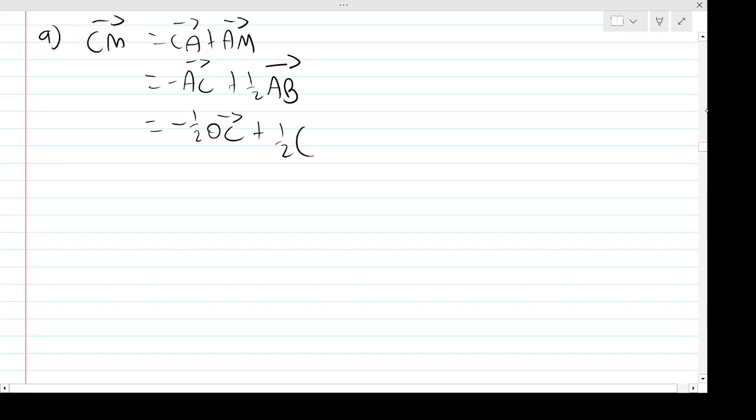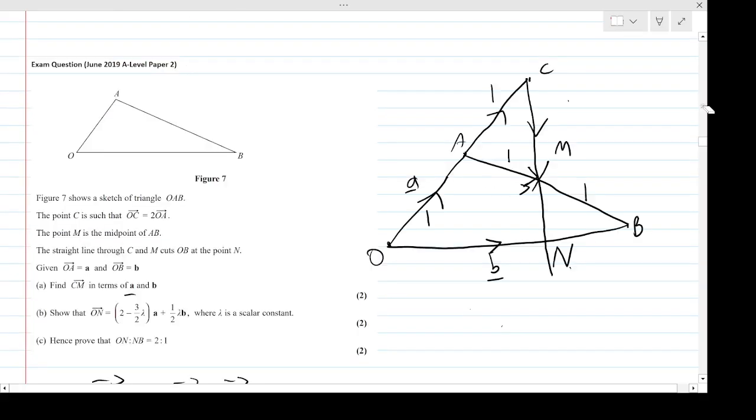Now, to find AB, let's refer to this triangle here. A to B, I'm not given that vector either, but I can find another path.